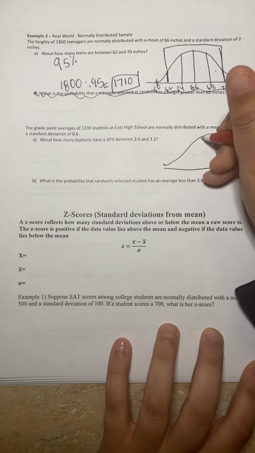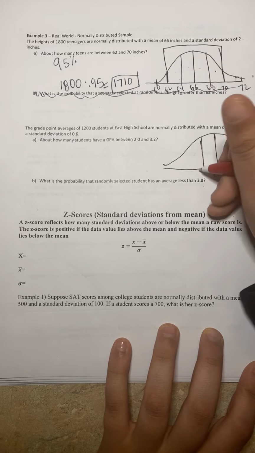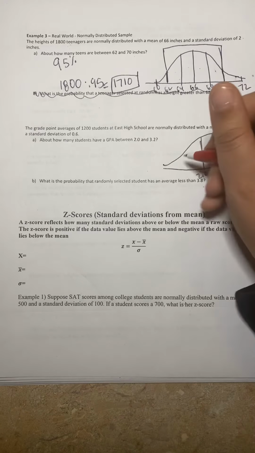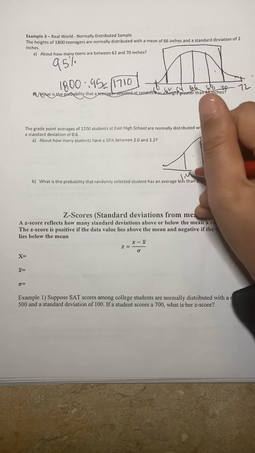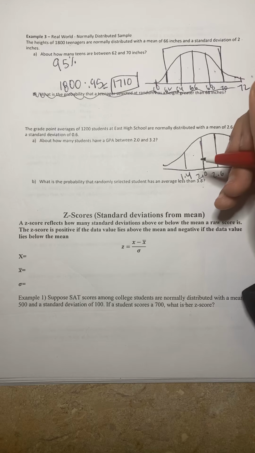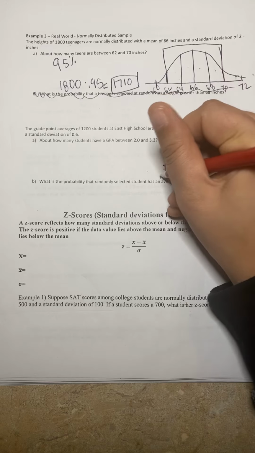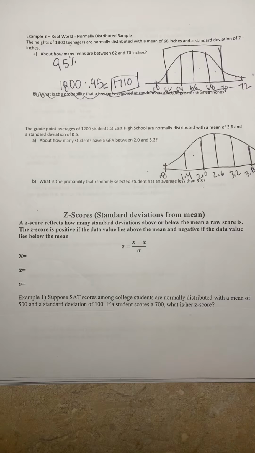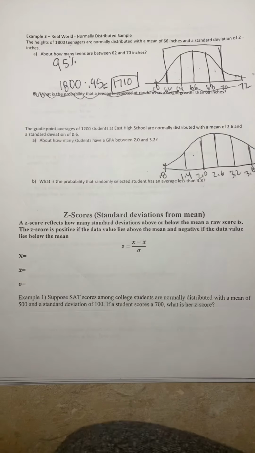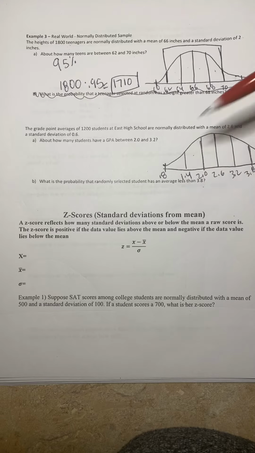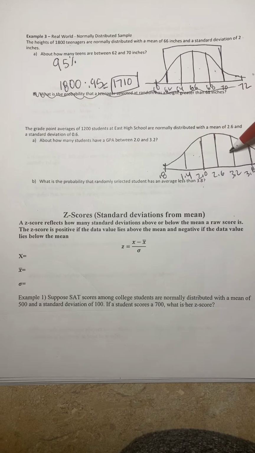All right, and then we'll do the same except for subtracting our 0.6, so that would be 2.0, and then 1.4, which would give me 0.8. So our GPA would be somewhere between 0.8 and 4.4 in the school, okay? Now we want to know between 2.0 and 3.2.